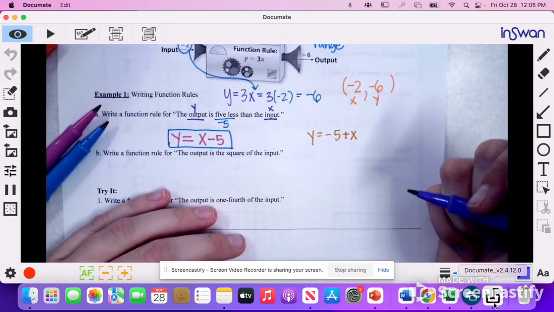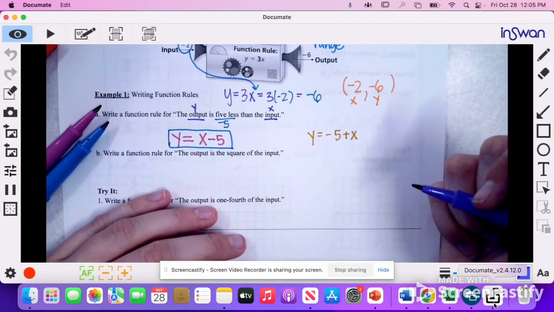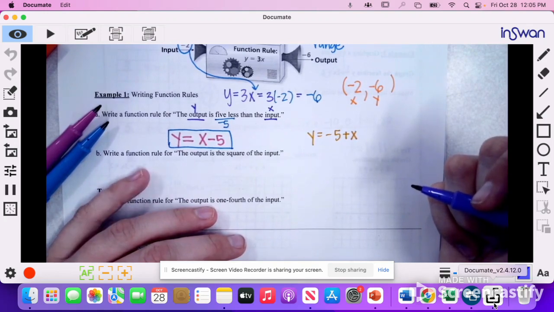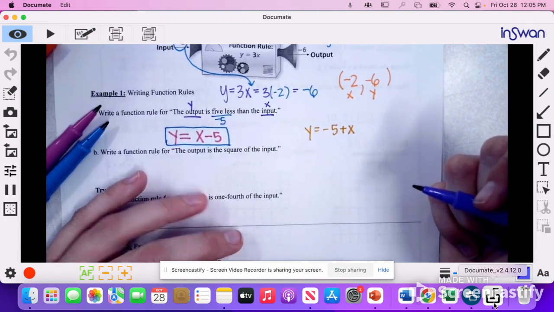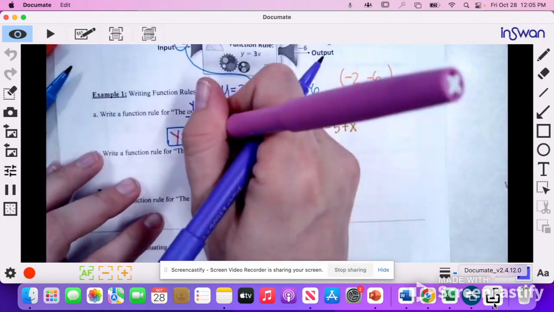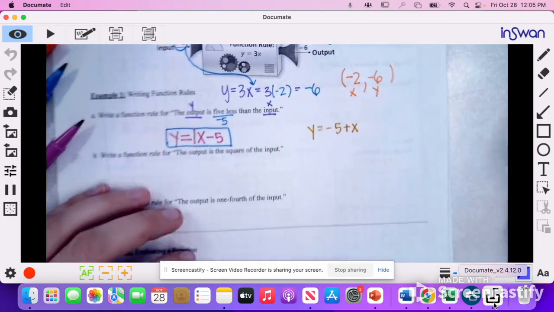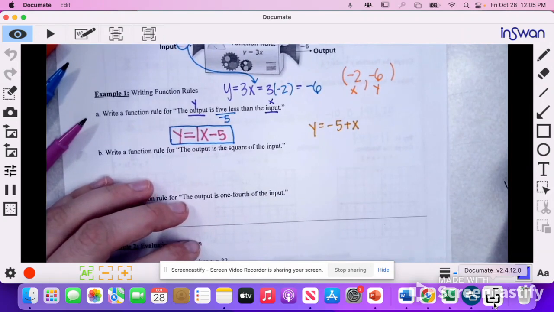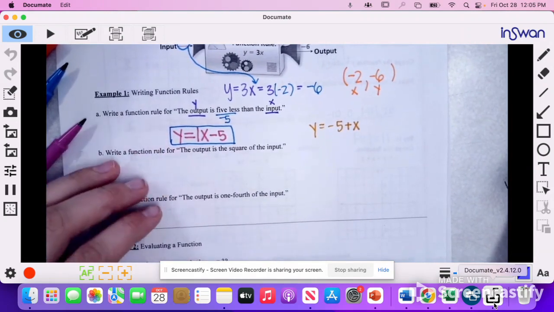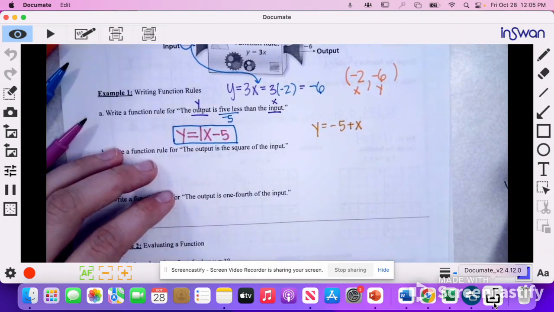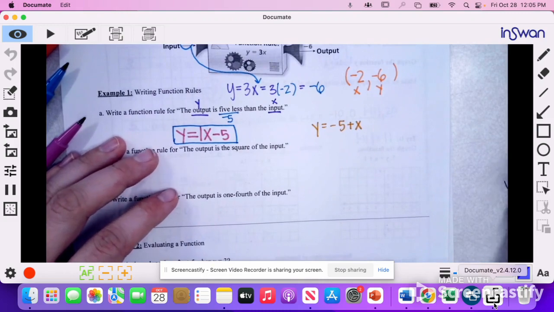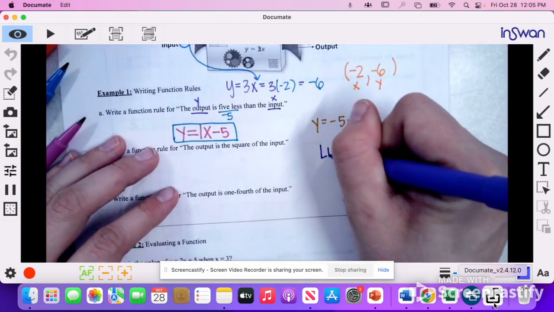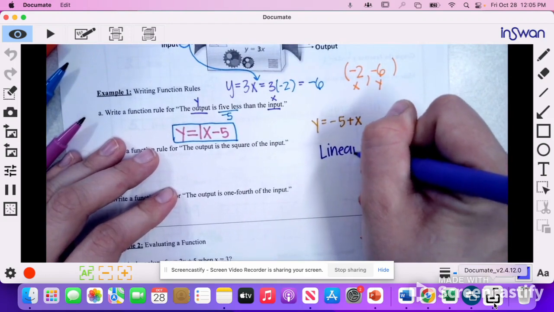Y equals 1x minus 5. What is this? What is this called? A linear equation. It's a linear function.